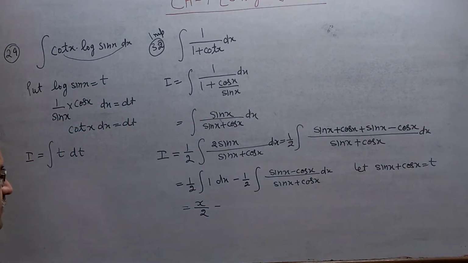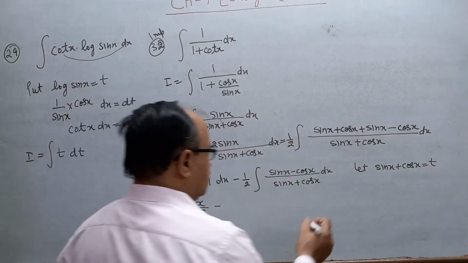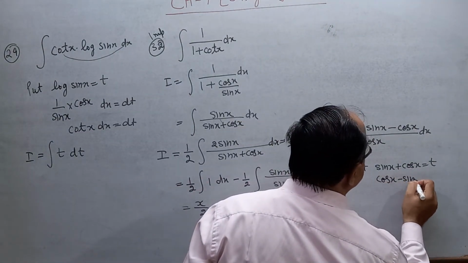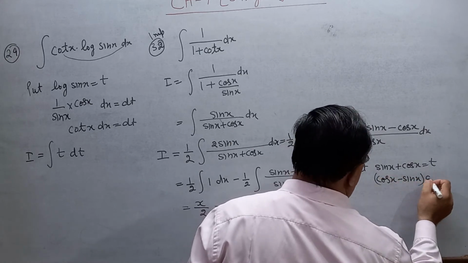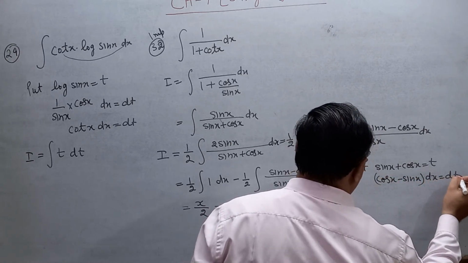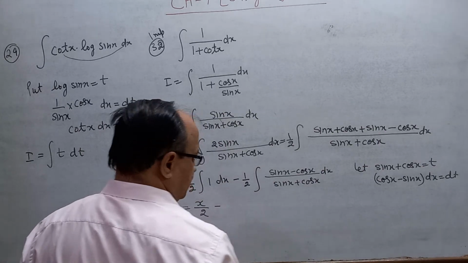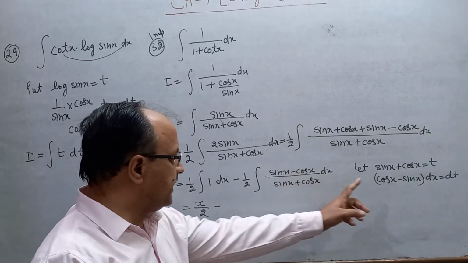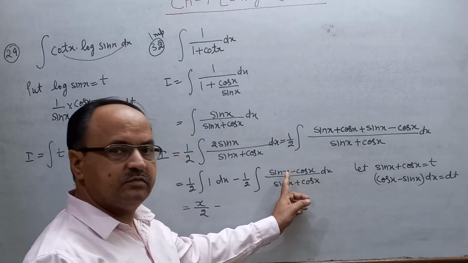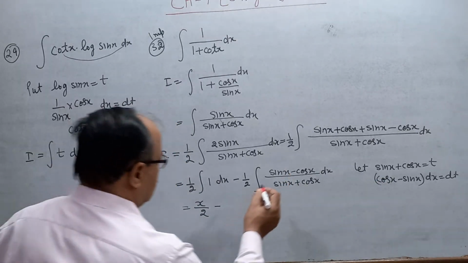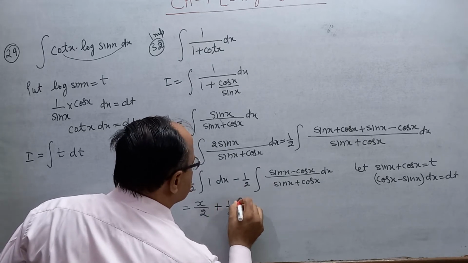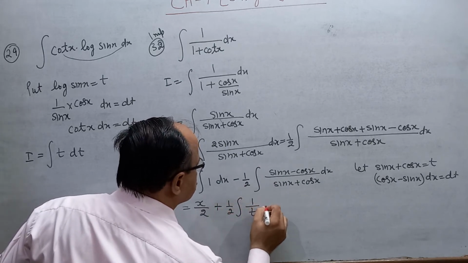The derivative of sin x is cos x, and of cos x is minus sin x, so dt equals (cos x minus sin x) dx. But here we have sin x minus cos x and there cos x minus sin x, so you can take minus common, and it becomes plus 1 by 2 integration of 1 upon t dt.